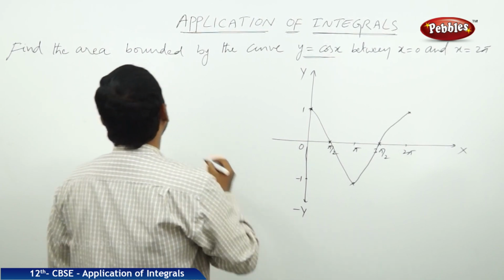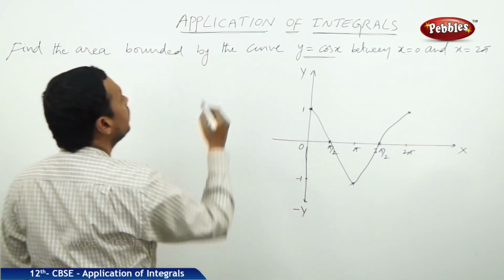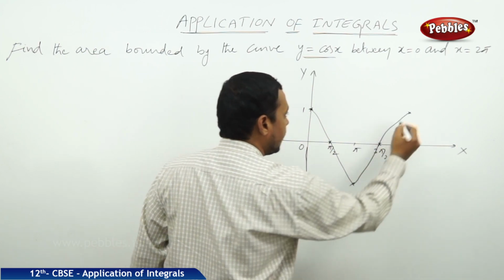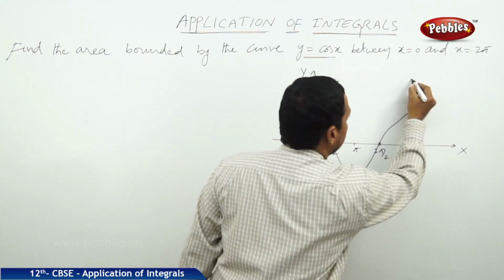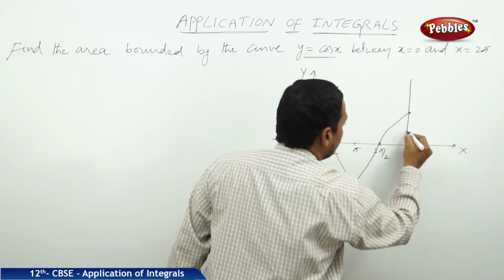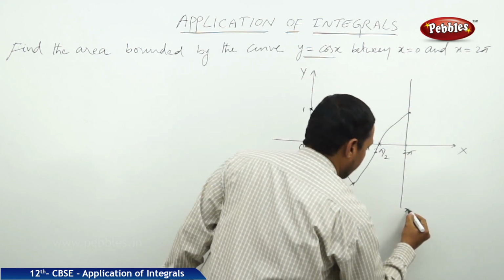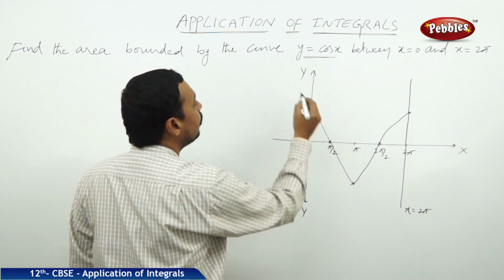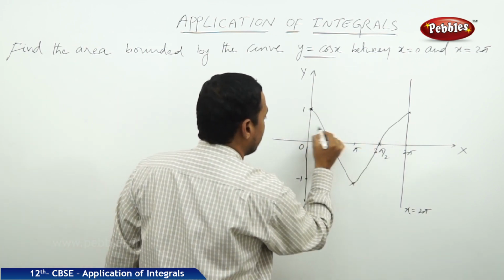Now we have to find the area bounded by the curve y is equal to cos x between x is equal to 0 and x is equal to 2 pi. Now this is x is equal to 2 pi, which is parallel to the y-axis. Now the area bounded between these two curves is this one.